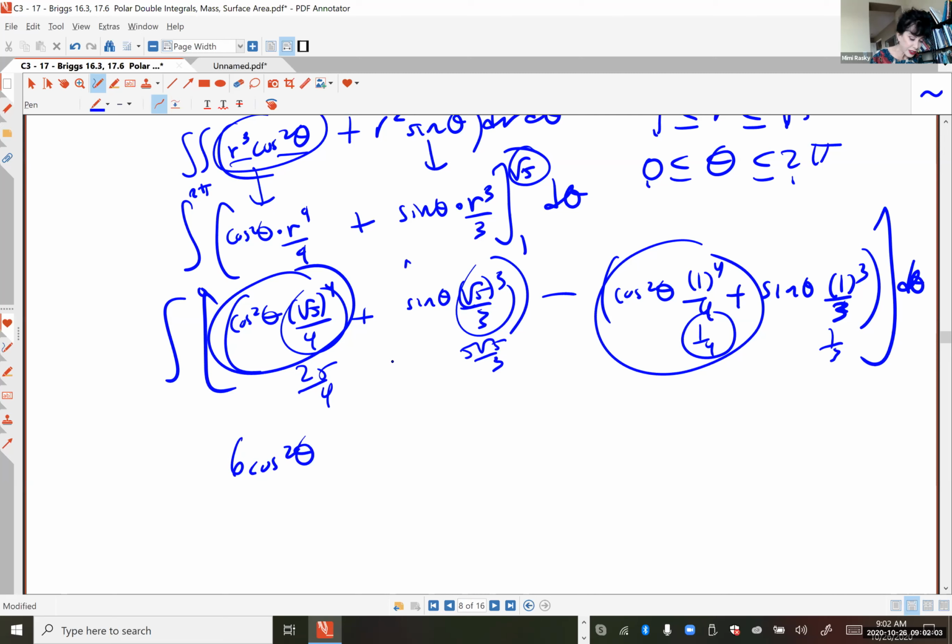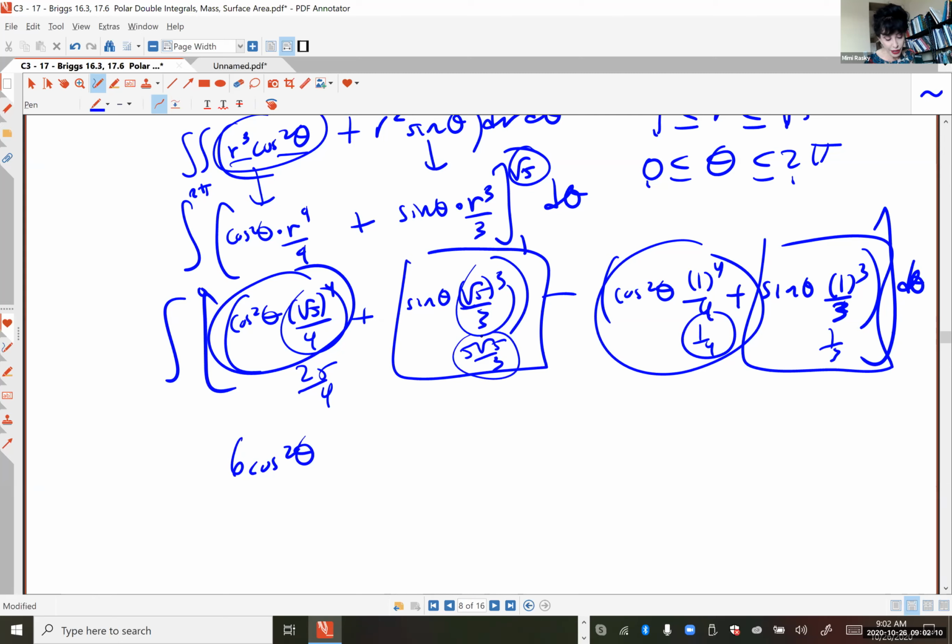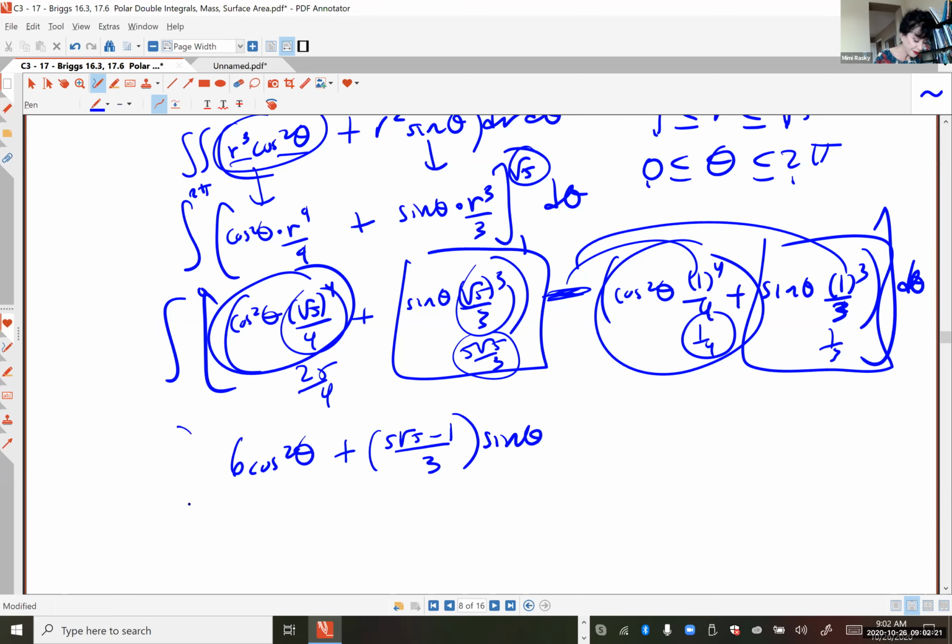Now the other like terms, these sine theta guys, the coefficient isn't that cool, because you've got 5 square root of 5/3 minus, when I distribute this negative, 1/3. Which unfortunately is not a very nice number, but what the heck, we'll do our best. So this is where we are, and now we're going to integrate with respect to theta.